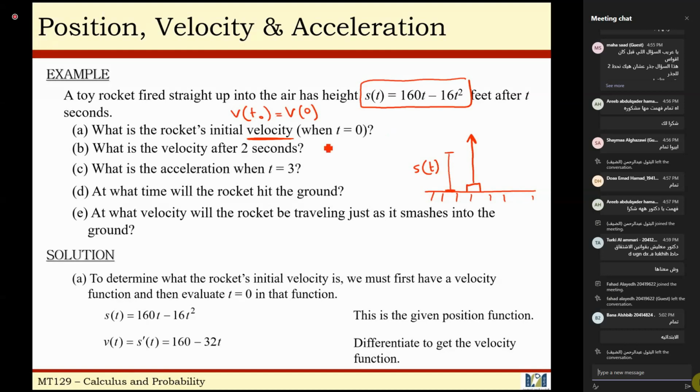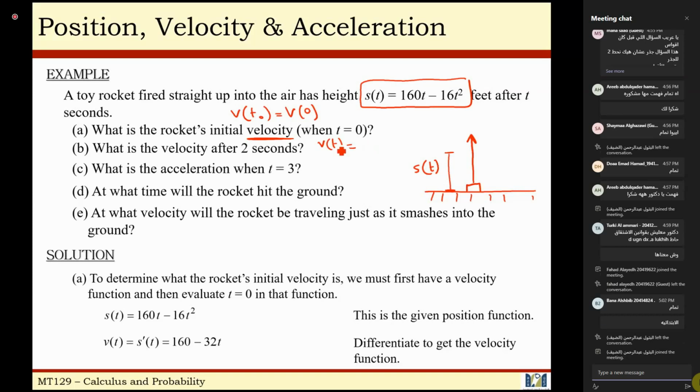Firstly, what's the value of v of t? v of t equals s prime of t. This equals 160 minus 32t. This is the v of t.